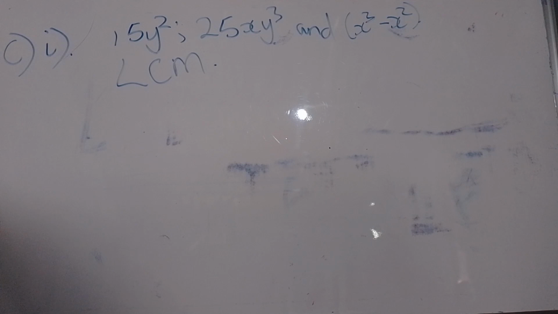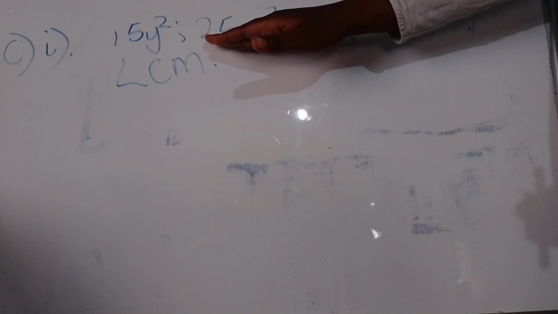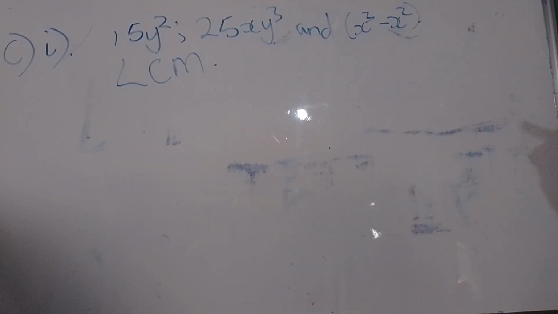To find the lowest common multiple there, we expand 15y squared as a product of its factors, and this as a product of its factors.